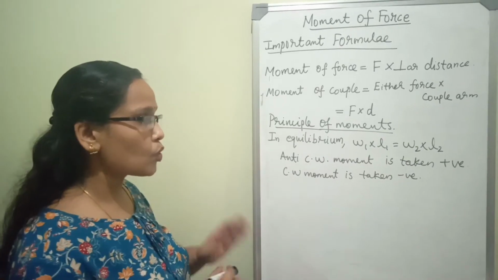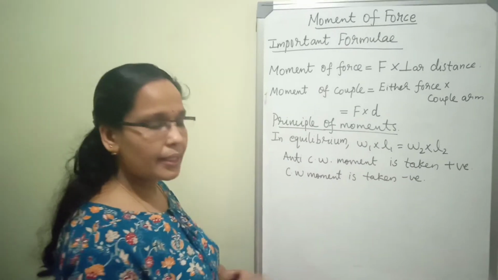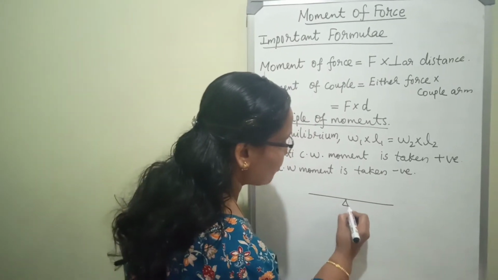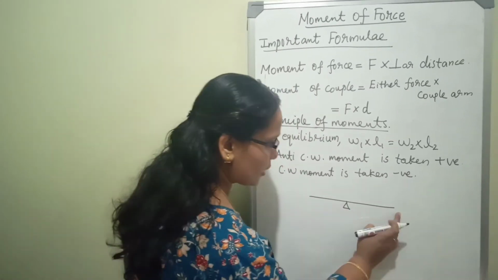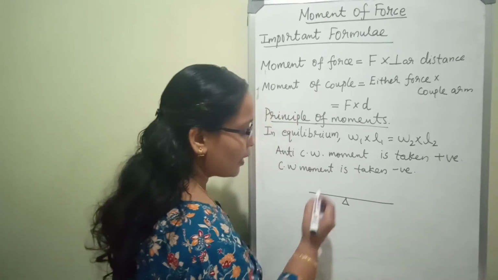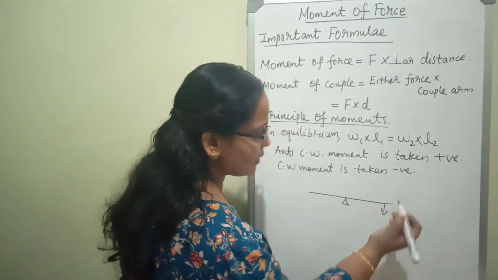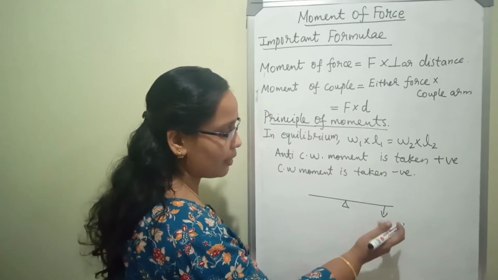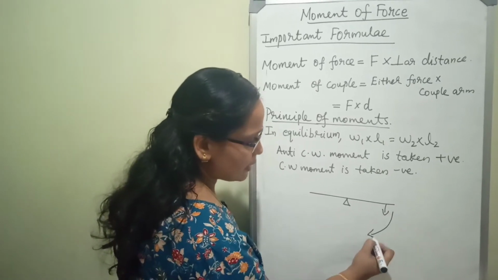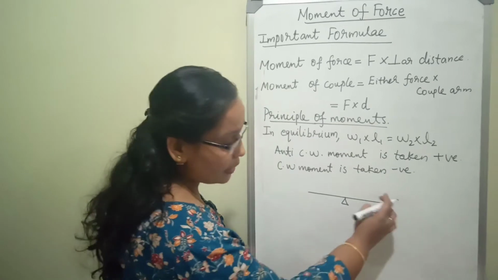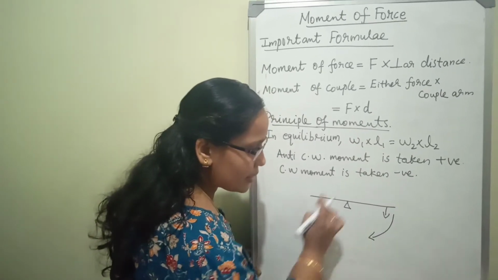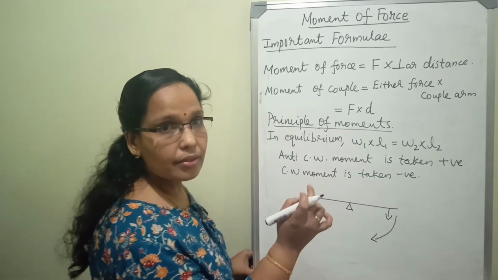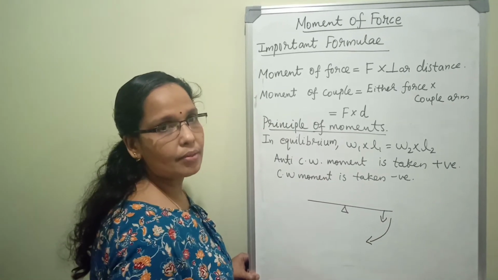So what is clockwise and anti-clockwise moment? It is very easy to understand. Suppose a pivoted point is here and a meter rule or any object is there. If a force is acting in the downward direction here, it will turn in this way. If the turning is in clockwise direction, we call this moment of force clockwise.